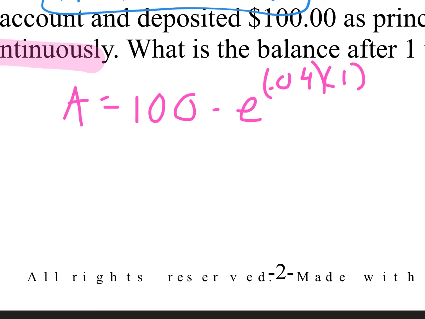What should we do first? The parentheses up top. So 0.04 times 1 is just 0.04. What should we do next?